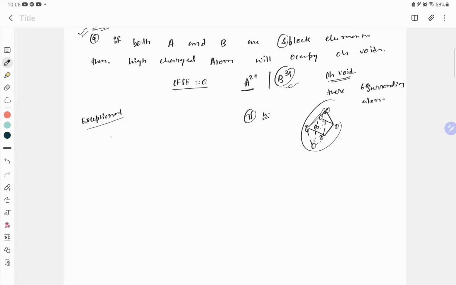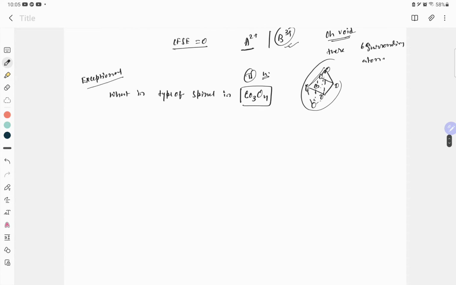That is, what is the type of spinel in Co3O4, this compound. This is an important one to know. This is the exceptional case.